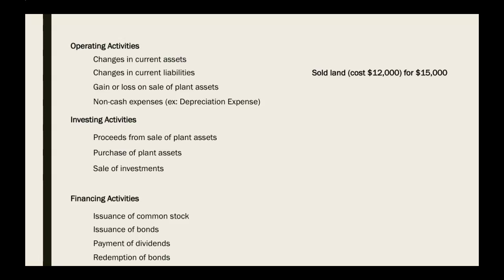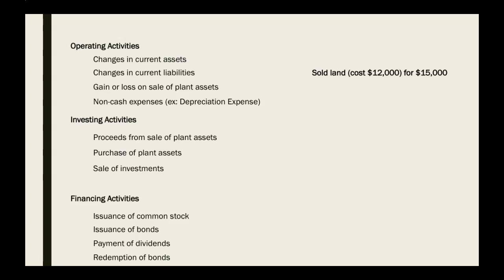So let's start off with this first transaction. You've sold land that cost $12,000 for $15,000. So there's a few different pieces to this transaction.